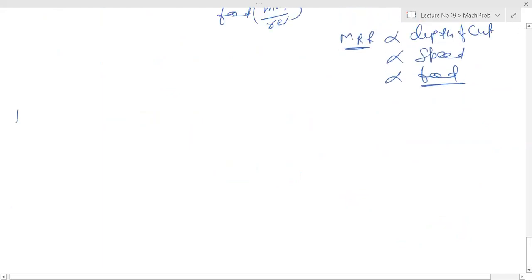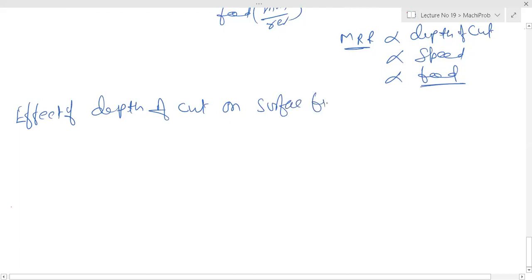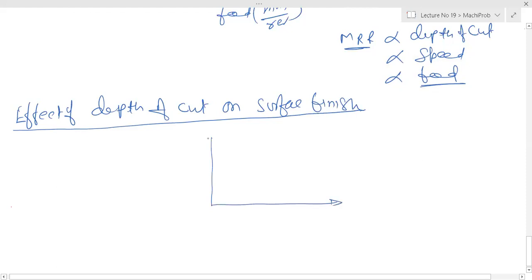Then you have the effect of depth of cut on surface finish. So this is your H and this is your depth of cut.